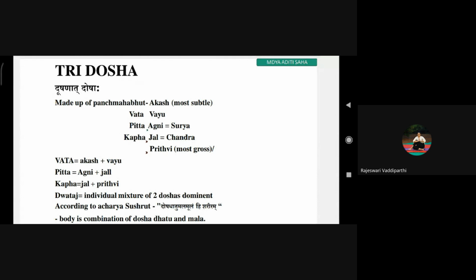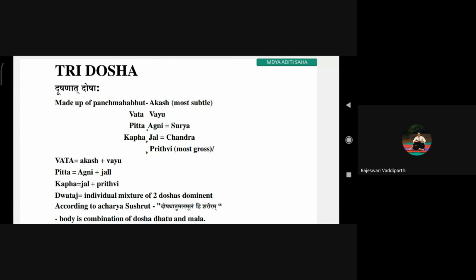But in the three doshas, these do not have a very different role. Vata is simply Vayu. Vata dosha is simply Vayu Mahabhuta. Pitta dosha is simply Agni Mahabhuta, which is denoted by Surya or Sun.